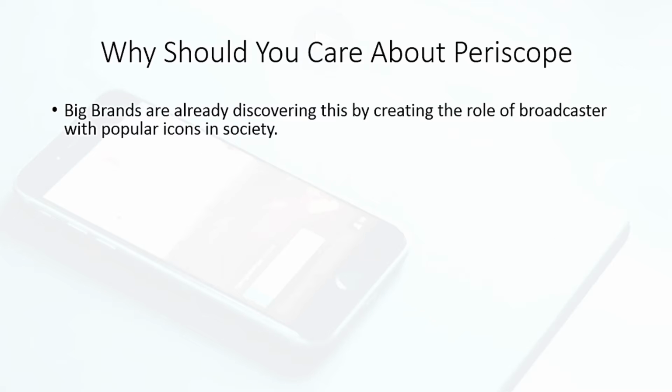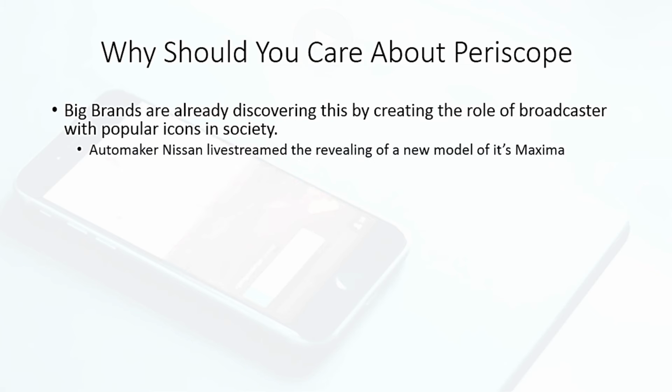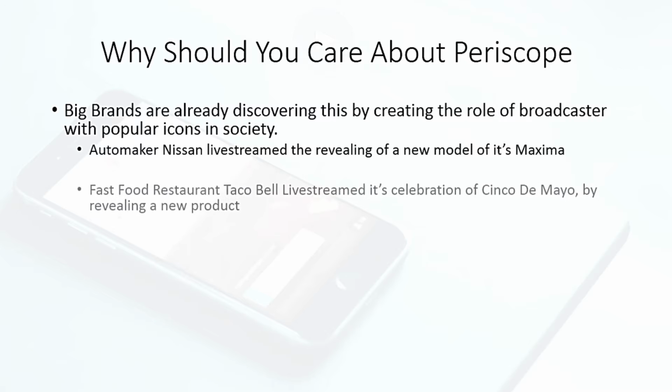Well, for example, automaker Nissan used Periscope to live stream the revealing of a new model of its car called the Maxima. And so they were able to bring an audience with their Twitter following using live video without paying anything for the actual event, the actual branding.